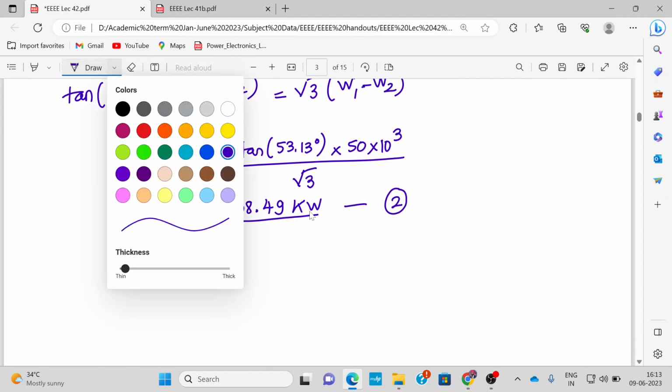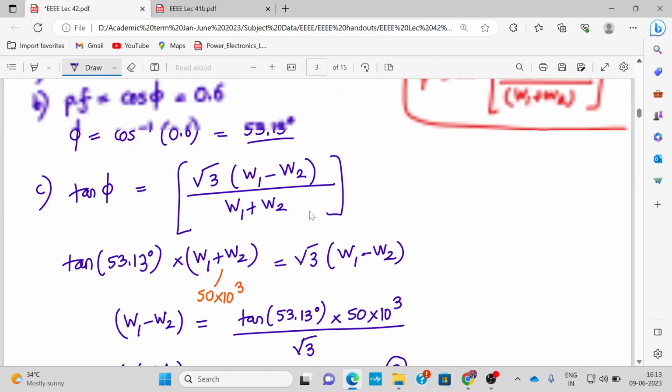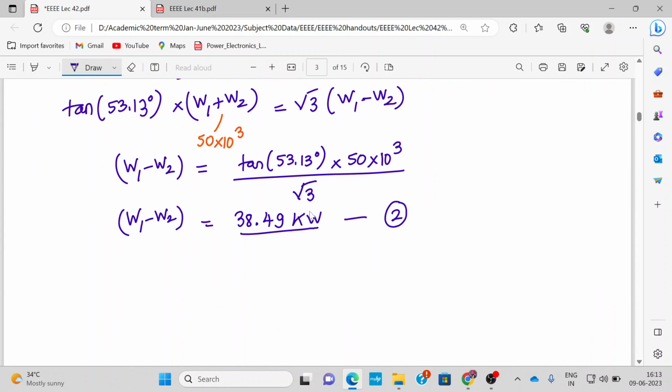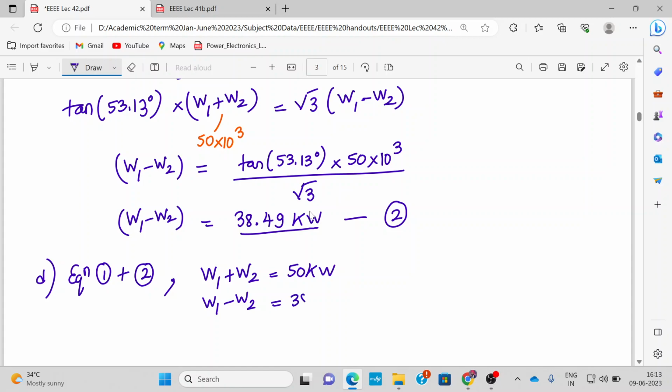So what we can do next is, we can say equation 1 plus 2. So that will give us, let me write it first. W1 minus W2 is 38.49 kilowatts.